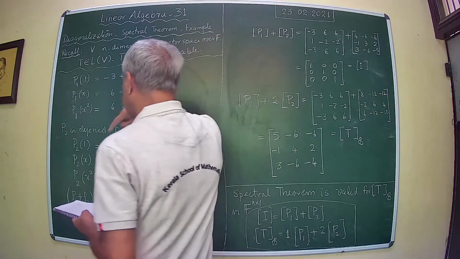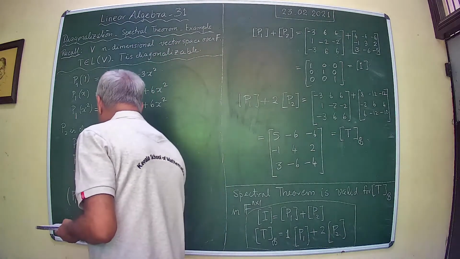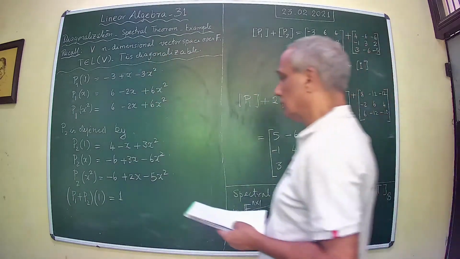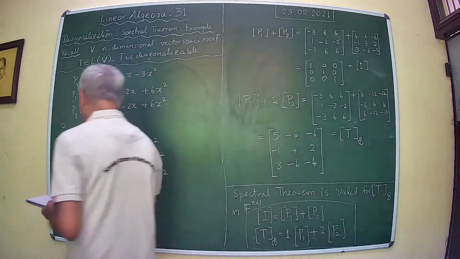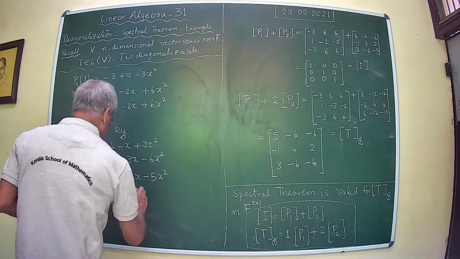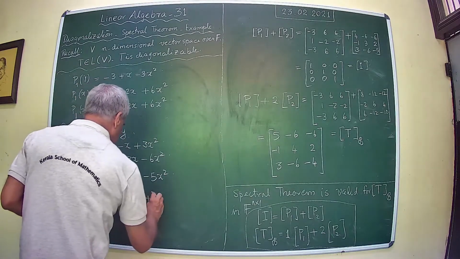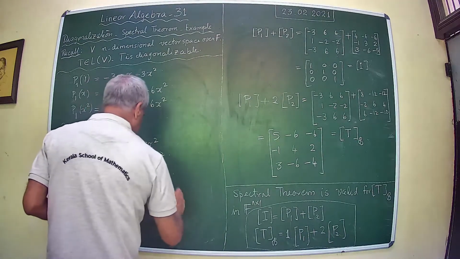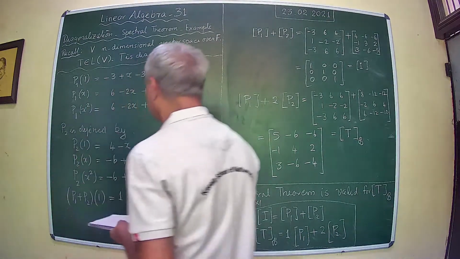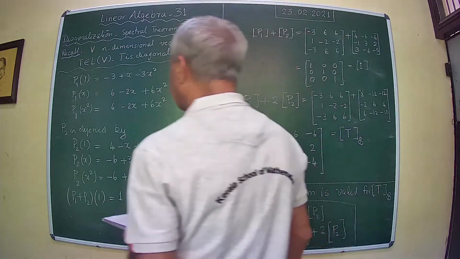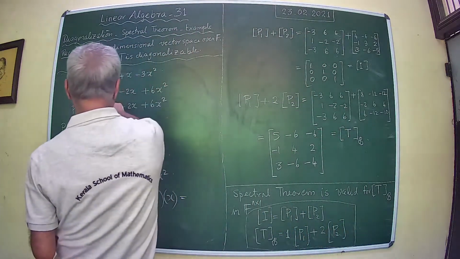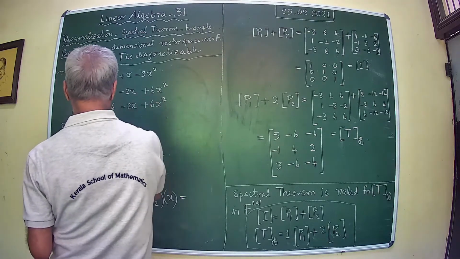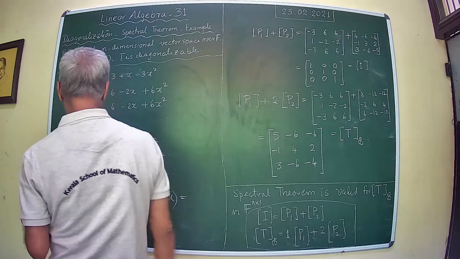When you add these two, you will end up with 0, because they cancel out. P1 plus P2 of x: you see that P1 of x is 6 minus 2x plus 6x squared.